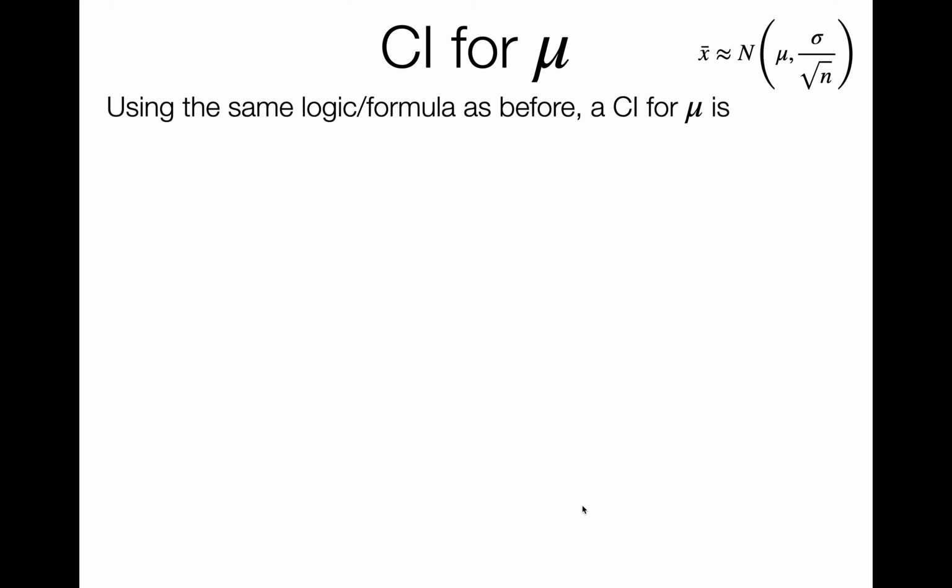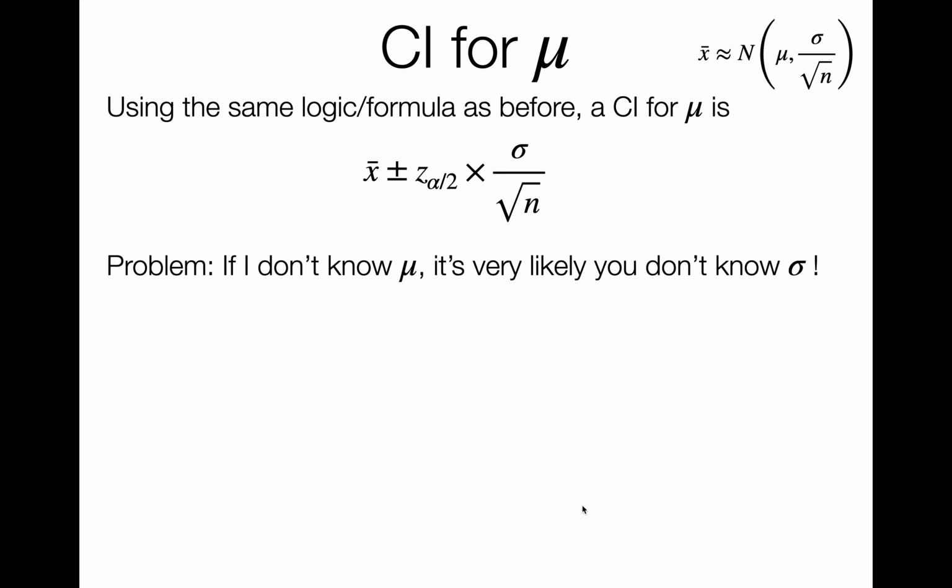So, using the same logic as before, when we did confidence intervals for p, the confidence interval for mu is the point estimate plus or minus confidence level times standard error. We just pull the parts of the formula from different places now, but it's the same formula. Again, we have that problem that we don't know the population version of everything.